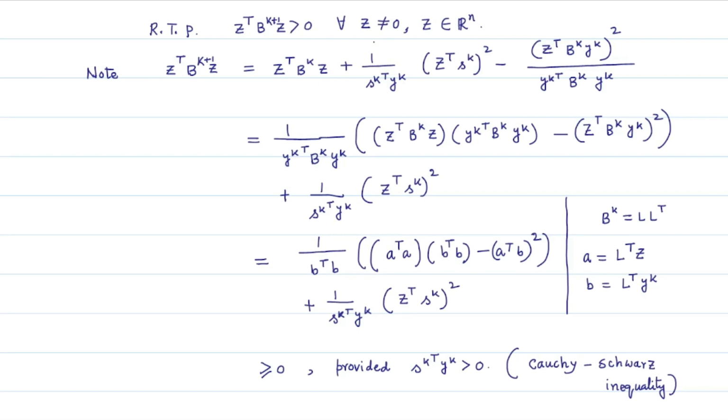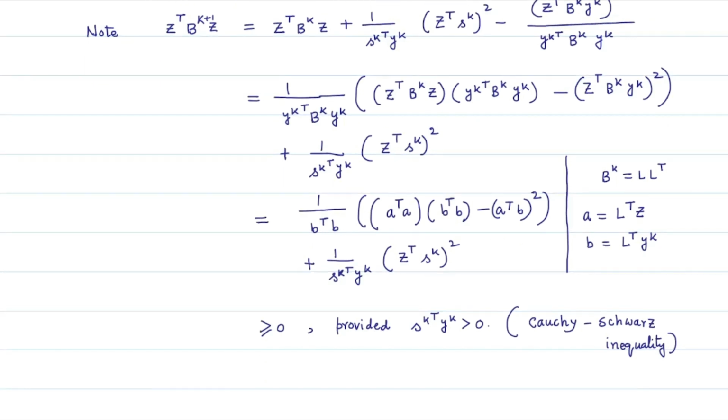Now we see that this expression z transpose B_{k+1} z is equal to 0 if this quantity in the bracket is equal to 0 and this quantity z transpose s_k is also 0.